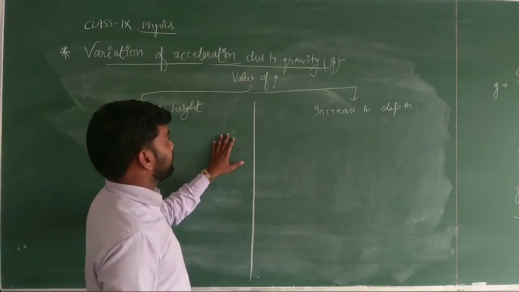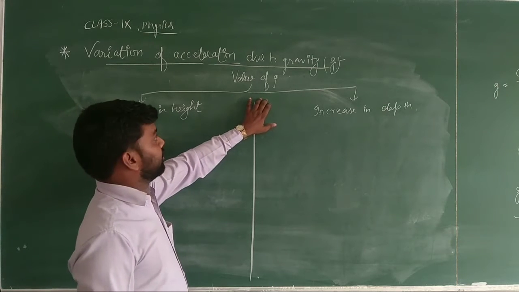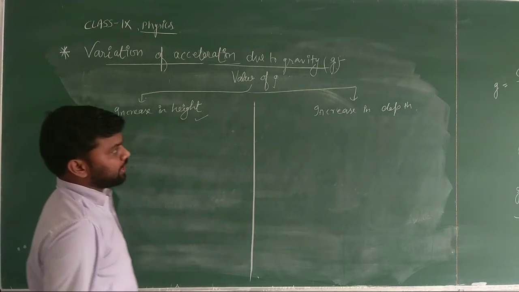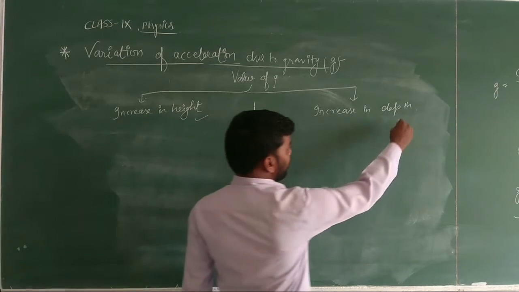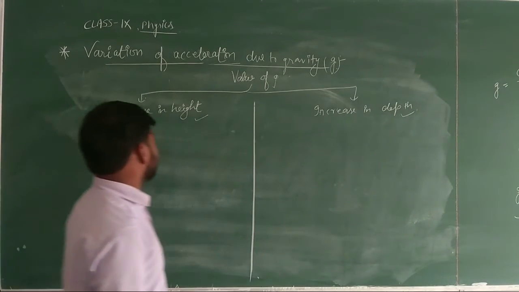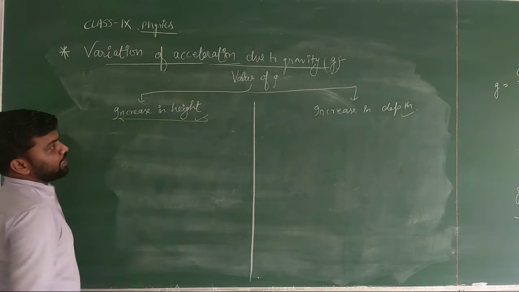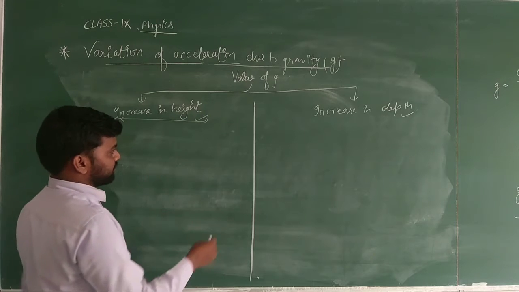Students, here we will see the value of g in two different cases: increase in height and increase in depth. The first case is the value of g when we increase the height in the upward direction.